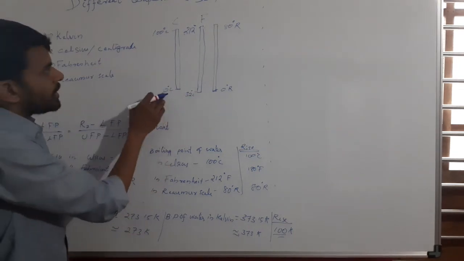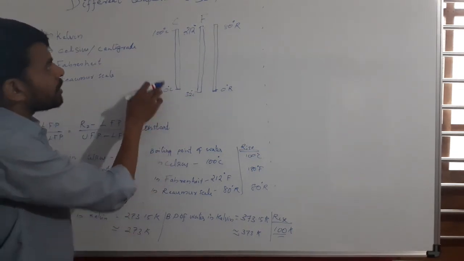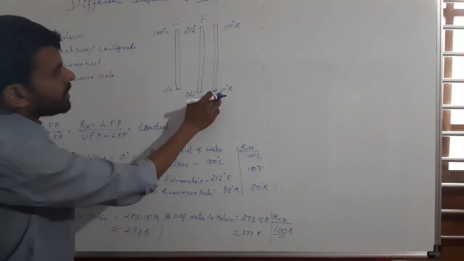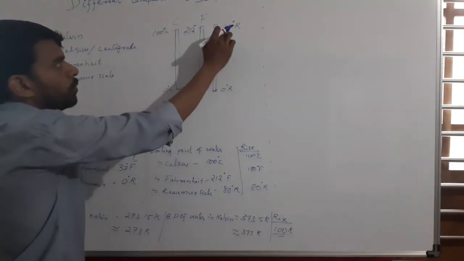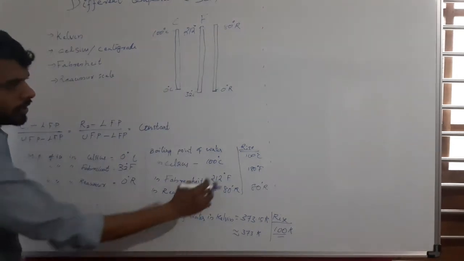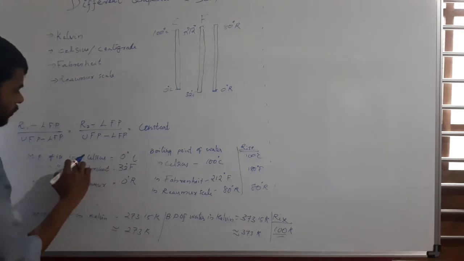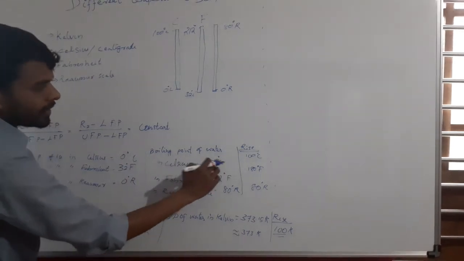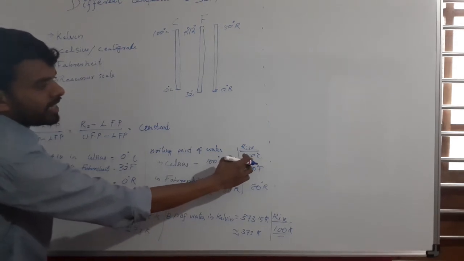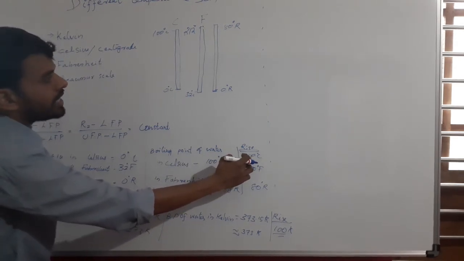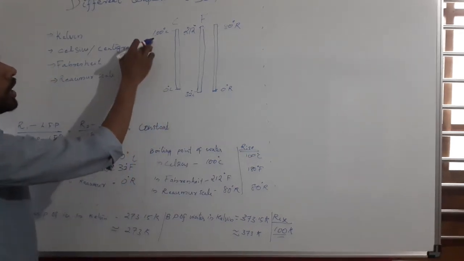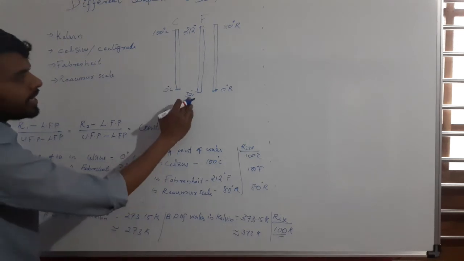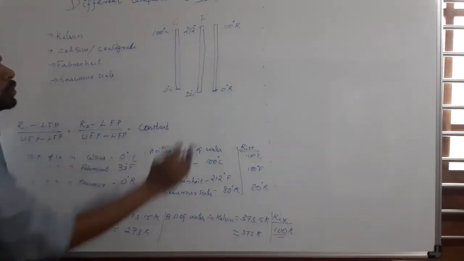So what is the rise here? 0 to 100. What is the rise here? 32 to 212. What is the rise here? 0 to 80. So look, the rise from melting point of ice to boiling point of water in degree Celsius is 100 degree Celsius, 0 to 100. What about Fahrenheit? In Fahrenheit it is 32 to 212.